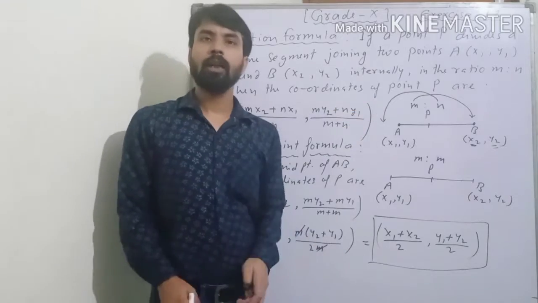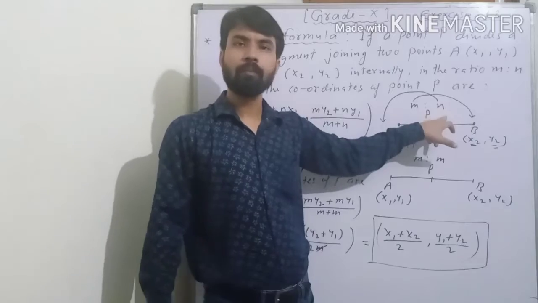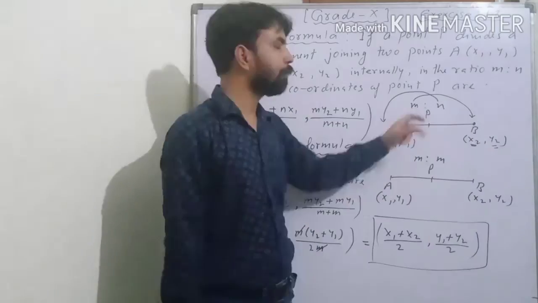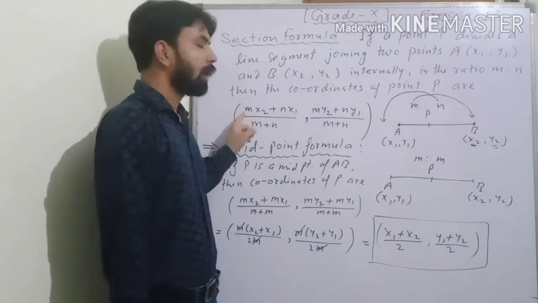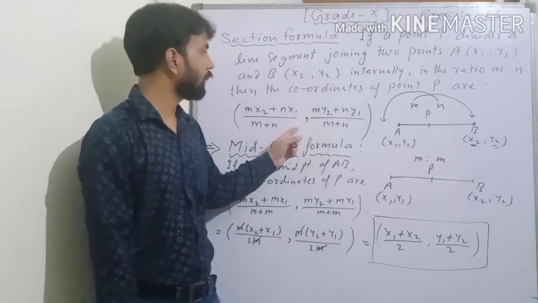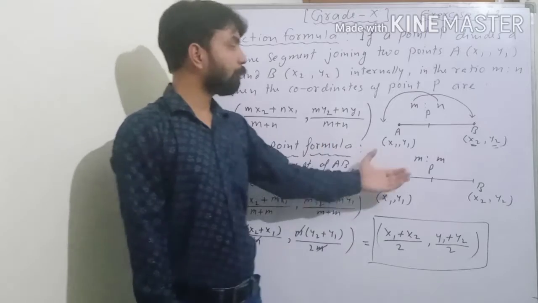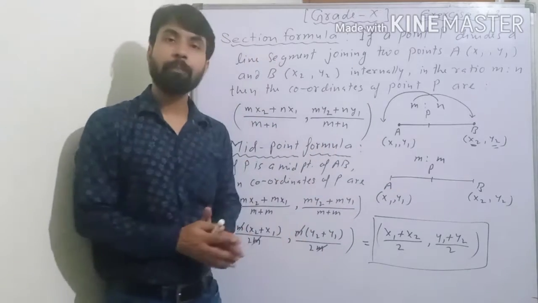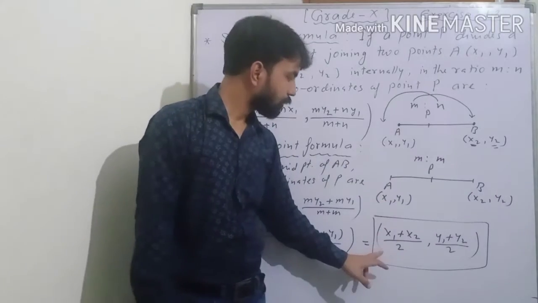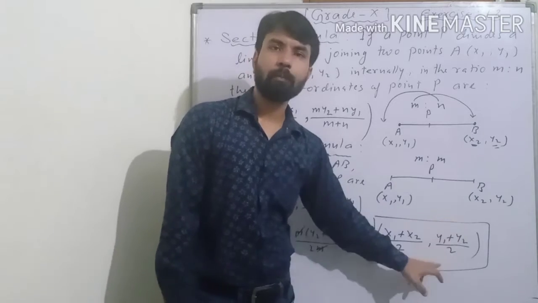So there are two formulae. The first formula is the section formula. In the section formula, some ratio will be given and we have to find the coordinates of P. So we can find the coordinates of P by the section formula. How? Section formula is mx2 plus nx1 upon m plus n, and the ordinate will be my2 plus ny1 upon m plus n. For the midpoint formula, if P is the midpoint of a line segment, then we can find the coordinates of P simply by this formula: x1 plus x2 upon 2, comma, y1 plus y2 upon 2.